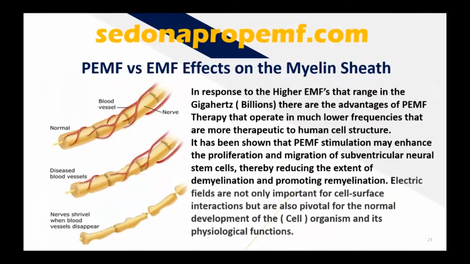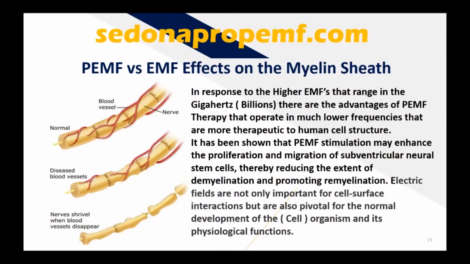So PMF versus EMF effects on the myelin sheath. In response to higher EMF range in the gigahertz, billions, there are advantages of PMF therapy that operate at much lower frequencies that are more therapeutic to the human cell structure.